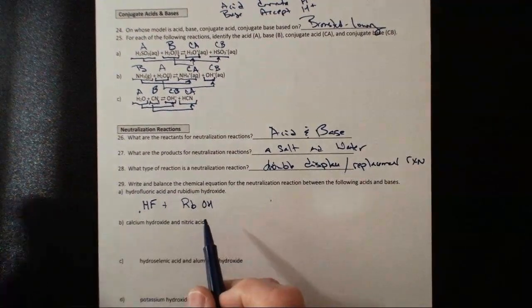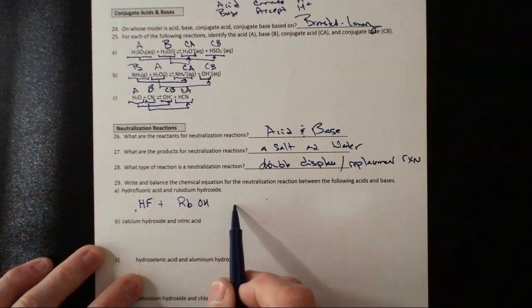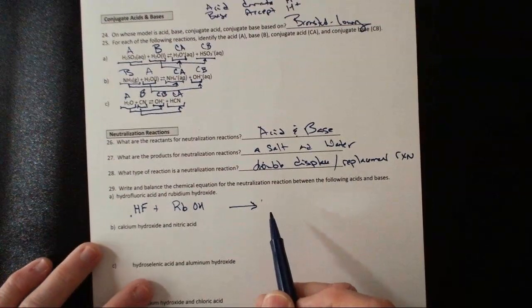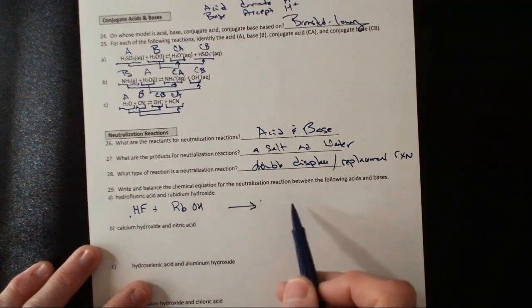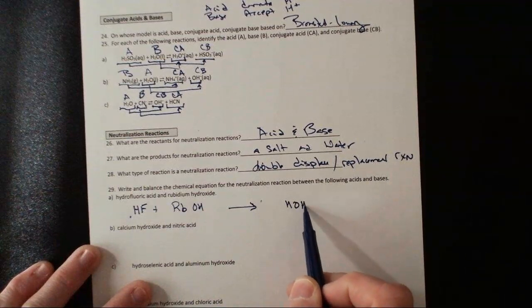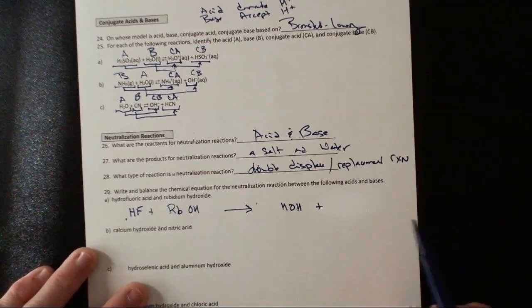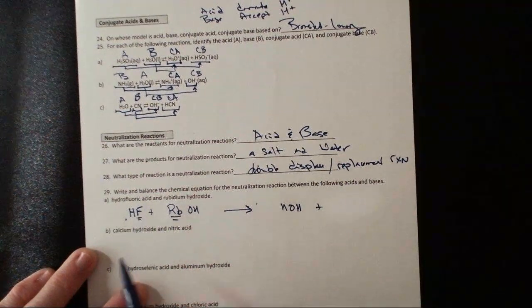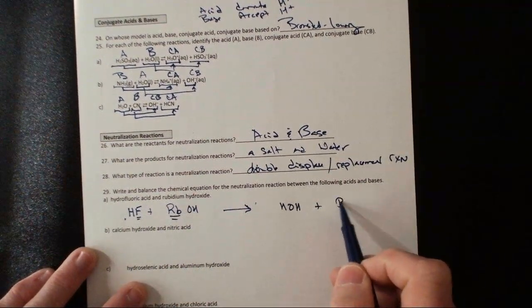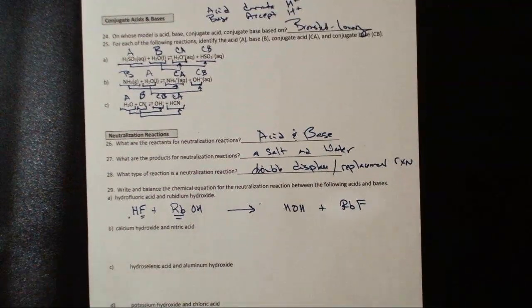And hydroxide has a -1 charge, so that is the correct formula for that. And this is going to give us, here's my hydrogen, here's my OH, so I've got to have my water, so there's the water, plus, now let's make the salt, the cation from this, and the anion from this. So, rubidium fluoride.